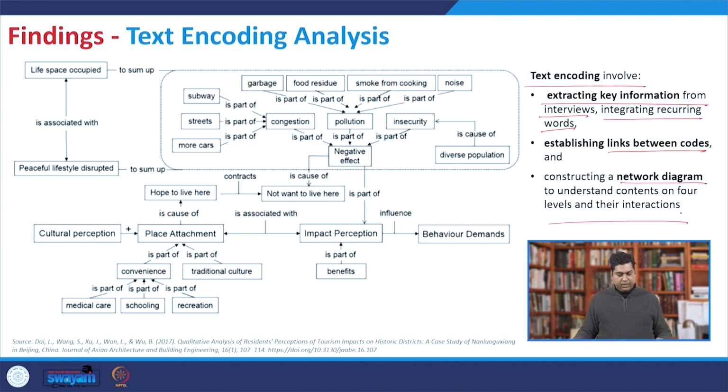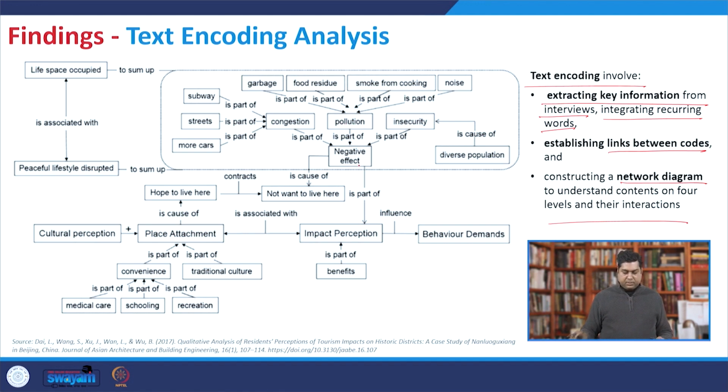For example, in this case garbage, food residue, smoke from cooking and noise are different externalities from tourism, and then the relation is whether those things contribute to pollution or are a part of pollution or not.